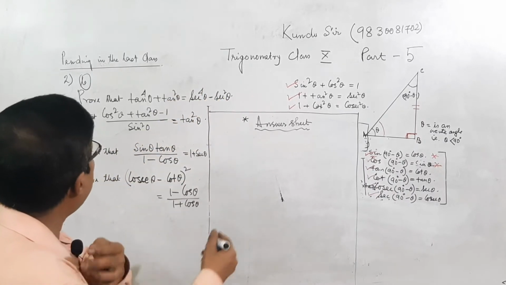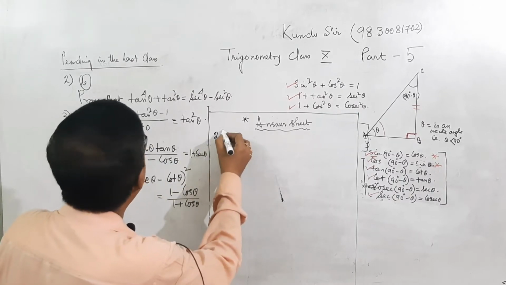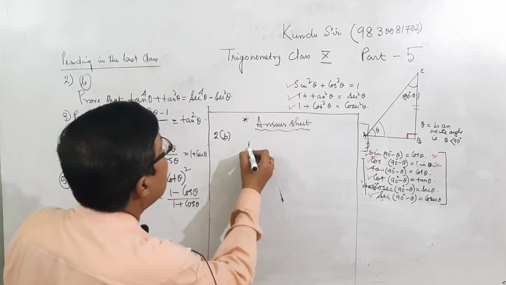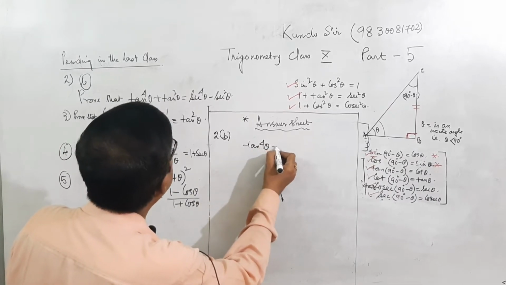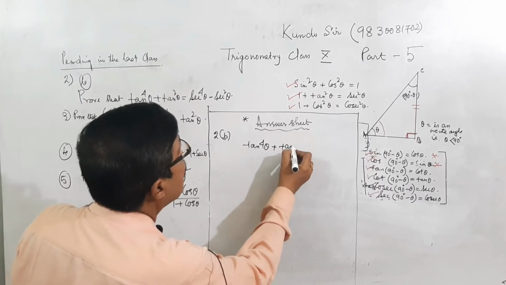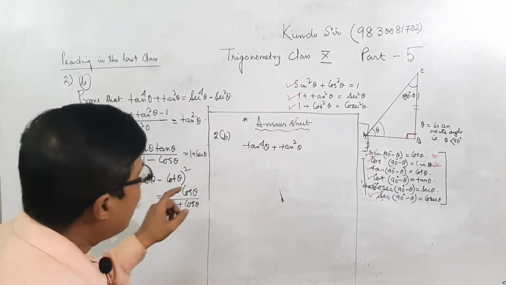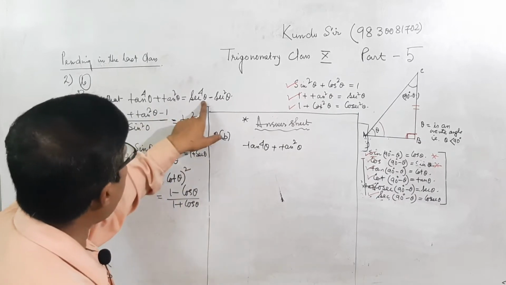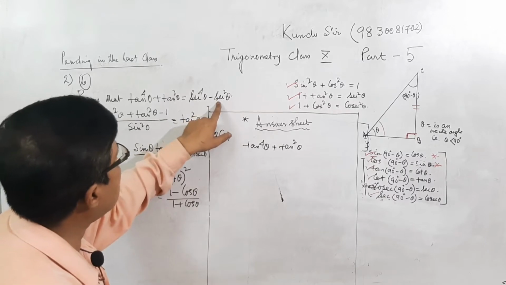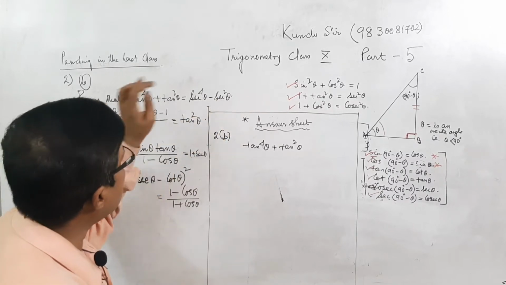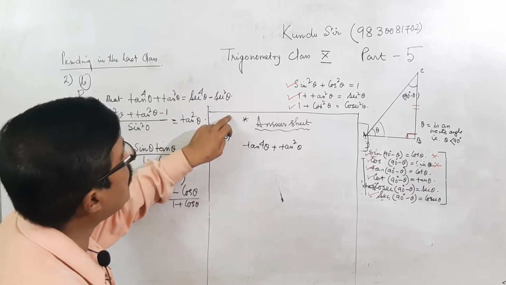Now I am writing problem number 2, the left-hand side: tan to the power 4 theta plus tan square theta. If we observe minutely, the answer part has only sec, sec to the power 4 theta and sec square theta.